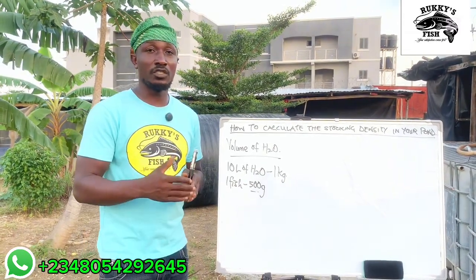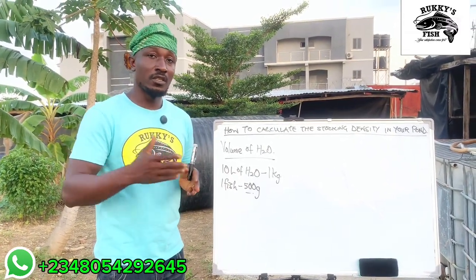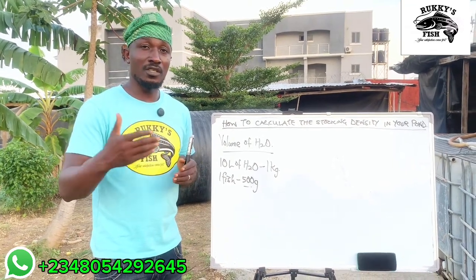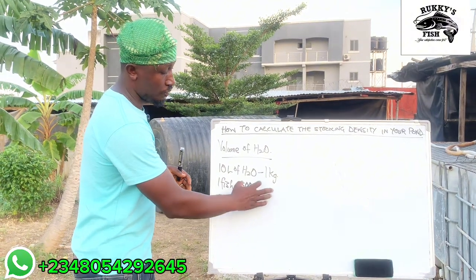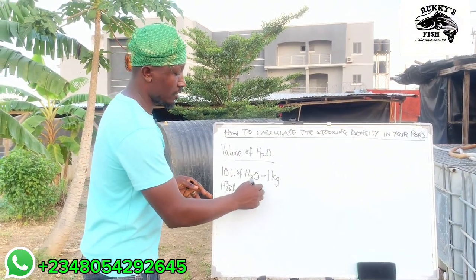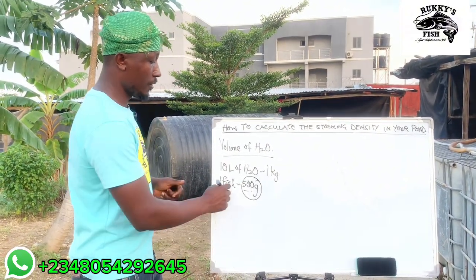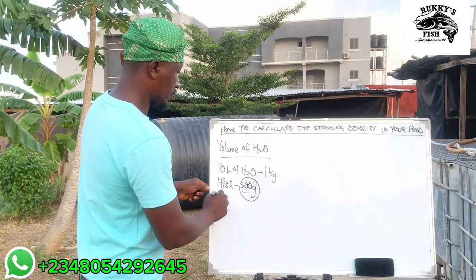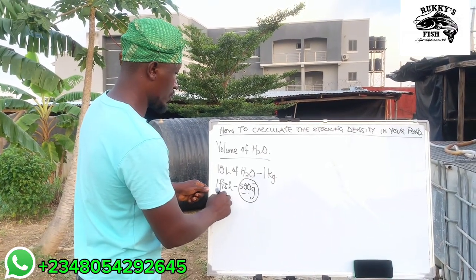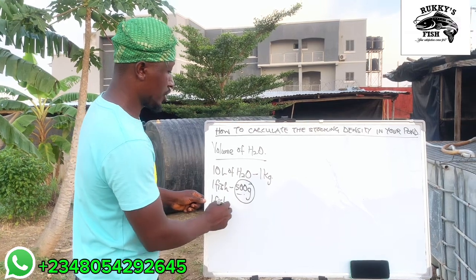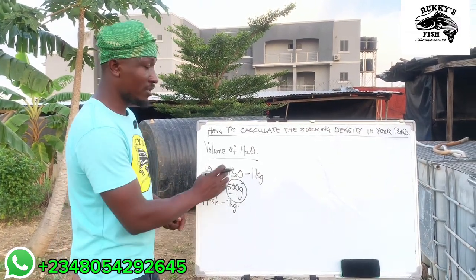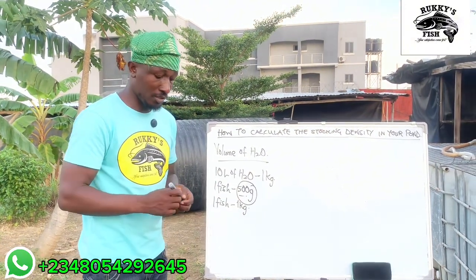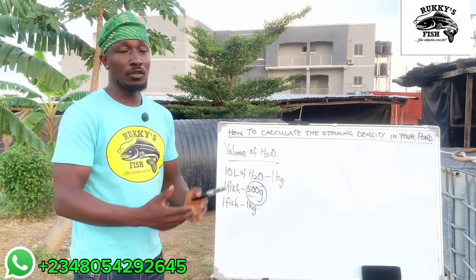Melange sizes range between 350 and say 600 grams, but let's make use of 500 grams as our case study. Then if we're also raising to table size of 1 kg, it means one fish is equal to 1 kg. Now we've established all of this so that we apply them going forward.